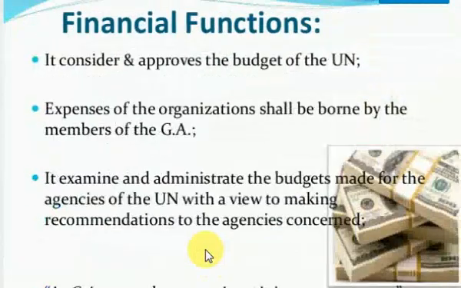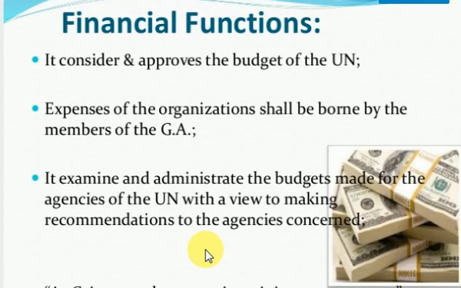So, financial functions. It considers and approves the budget of the United Nations. All the budget which is presented in the General Assembly, this assembly passes it. Expenses of the organization shall be borne by the members of the General Assembly.